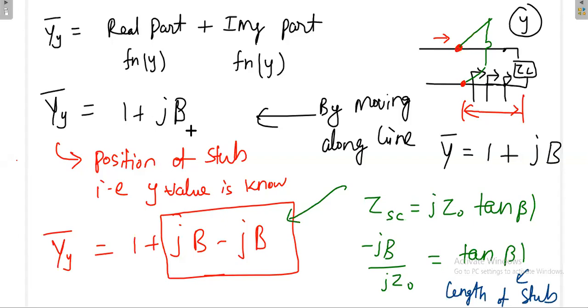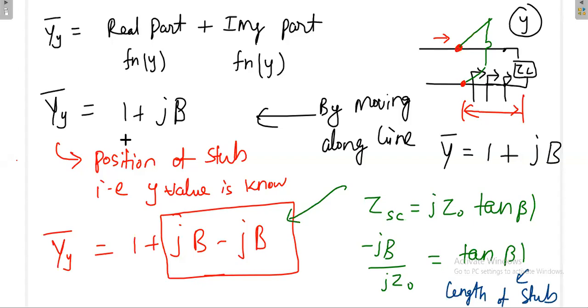If you want to cancel this, that is decided by the length of the stub. And how are you making the real part equal to 1? Just by moving along the line, you make the real part equal to 1.